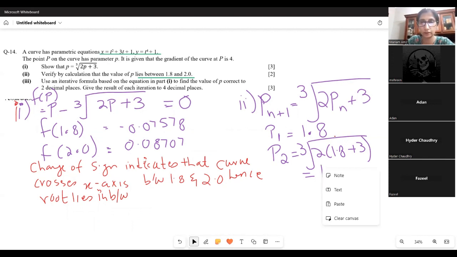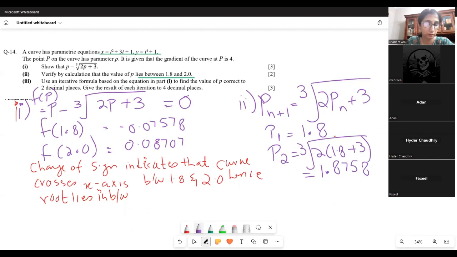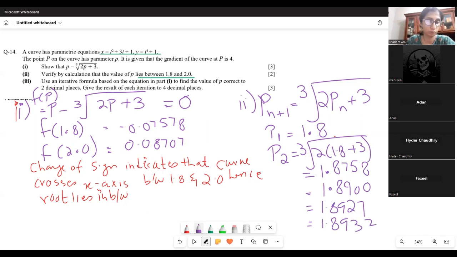Give it to 4 decimal places: 1.8758, then 1.8900, then 1.8927, and 1.8932, then 1.8933, 1.8933.